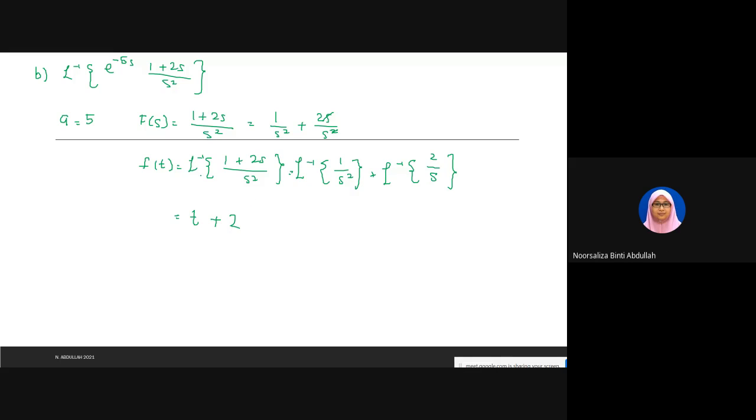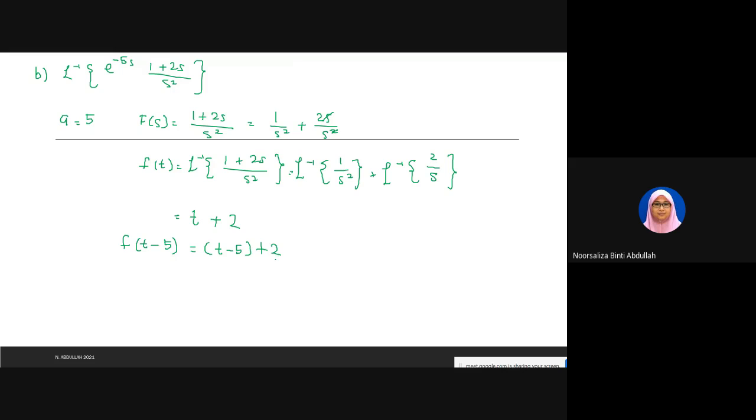Okay. So you have A, you have Fs, you have Ft, and now you have to change the Ft to Ft minus A. Minus A which means minus 5. Okay. So equals to T minus 5 plus 2.